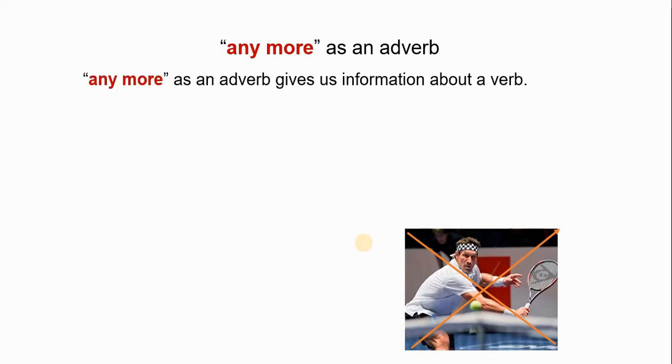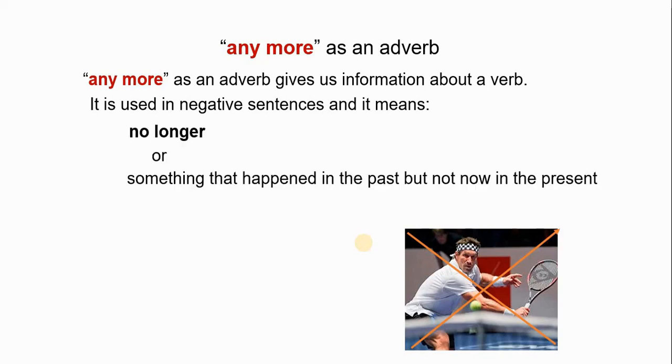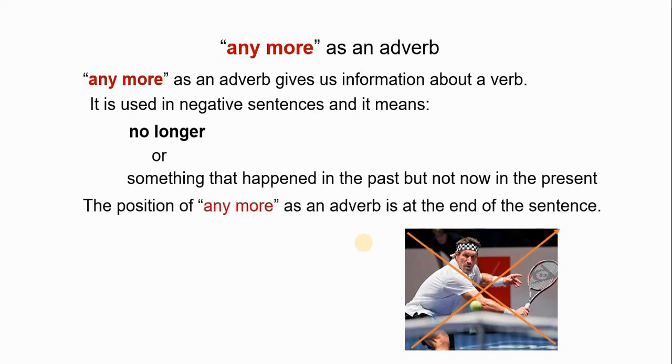Anymore as an adverb gives us more information about a verb. It is used in negative sentences and it means no longer, something that happened in the past but not now in the present. So it is something that has stopped happening.